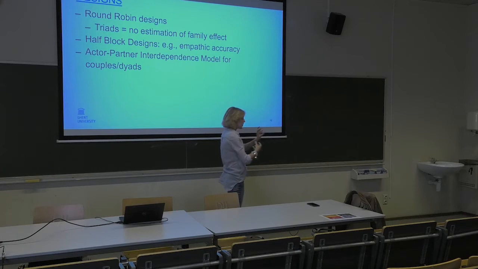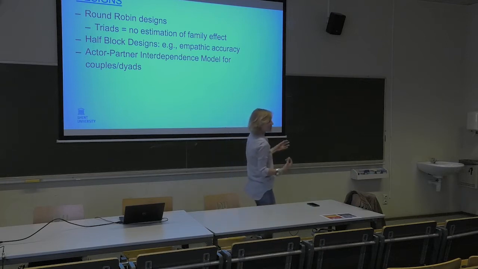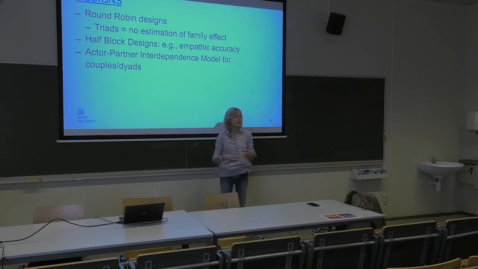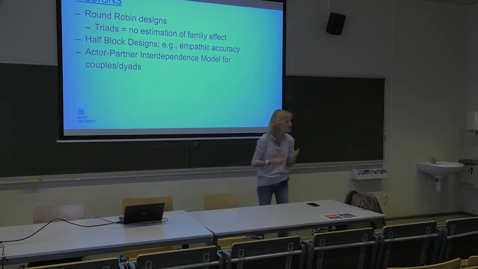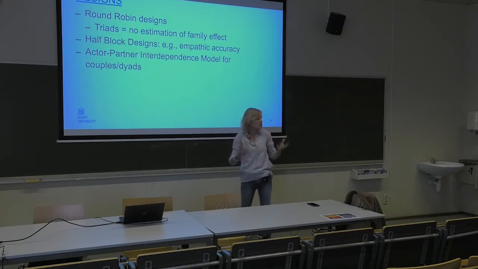So in a couple, you can have the physical attractiveness of both, and the attachment of both. But then you can also see whether the physical attractiveness of the first one is related to the attachment of the other one, and then you can have the cross correlations. So you can make that complicated, so that you can see whether it's a unique effect of a person or whether it's more a general effect.